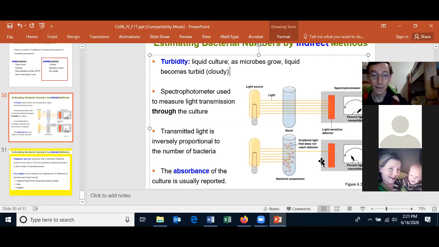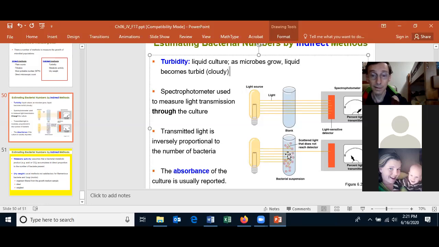And so you can check this against a known standard, meaning you have a chart, and the amount of light getting through will depend on the chart for how many cells are in the milliliter of the solution. And so by turbidity, the amount of absorbance of the light, we can actually get an estimate for the cell number. Any question about that?